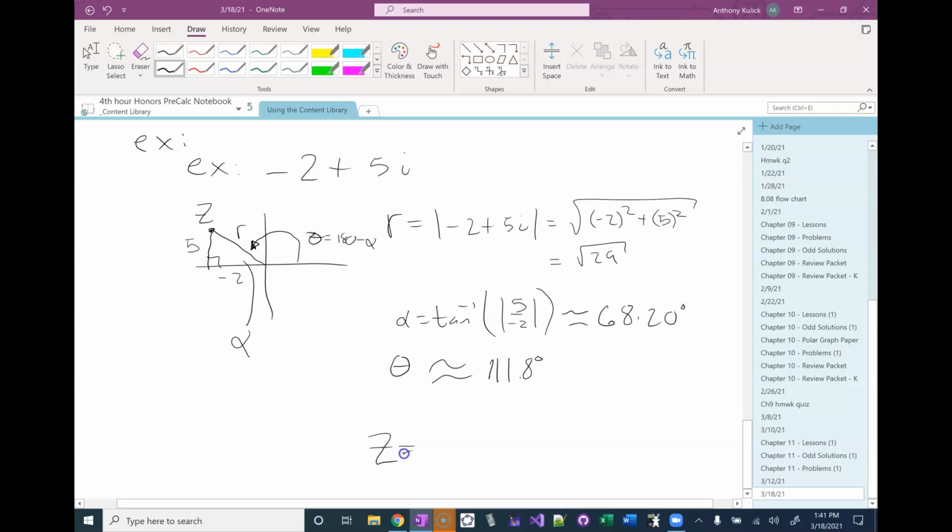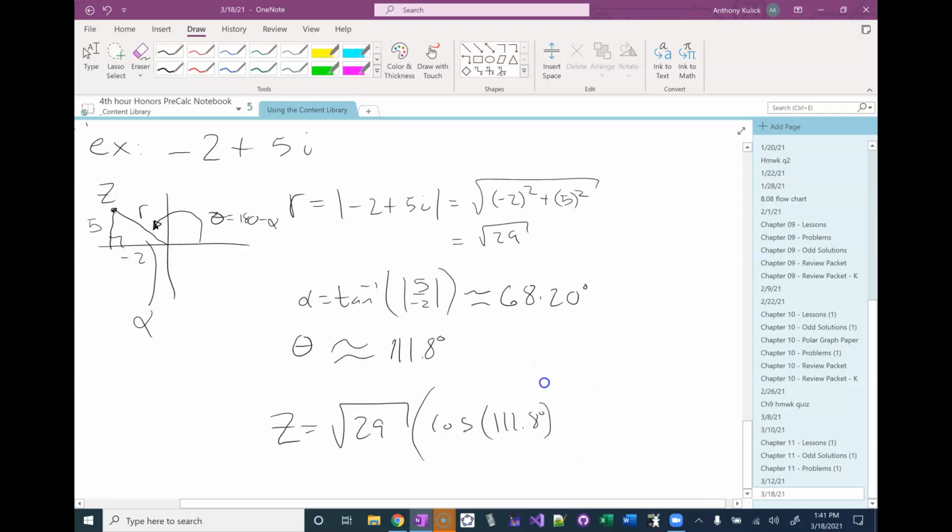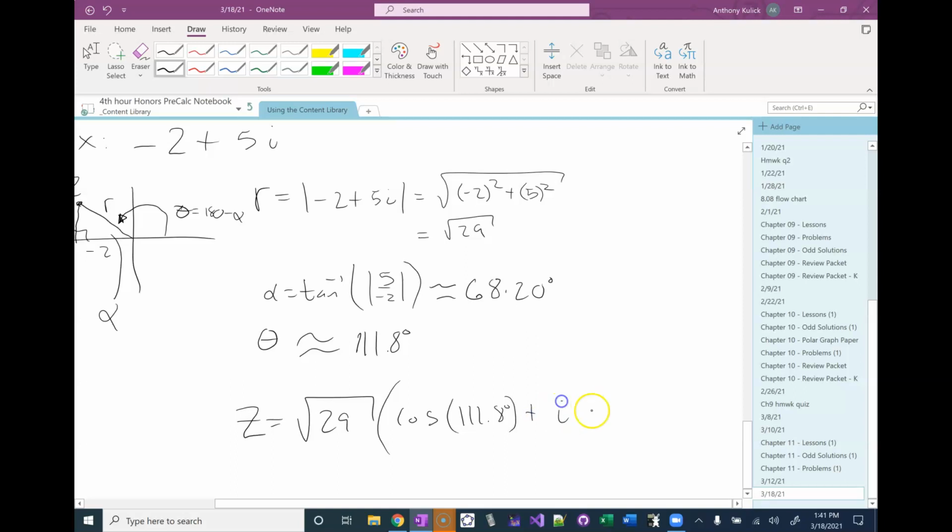So I can say my trigonometric representation is the square root of 29 times cosine of 111.8 degrees plus i sine 111.8 degrees.